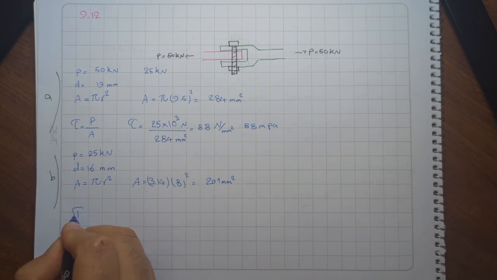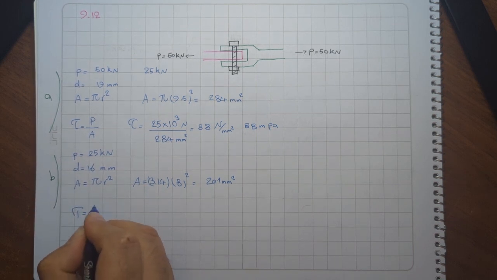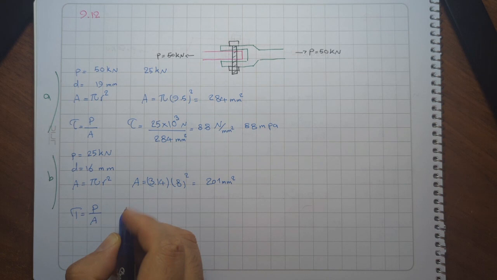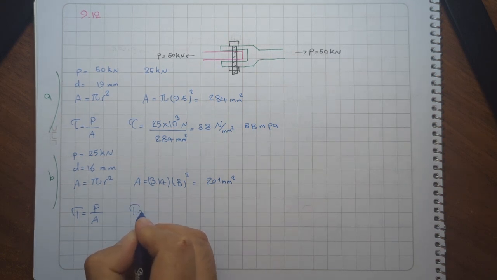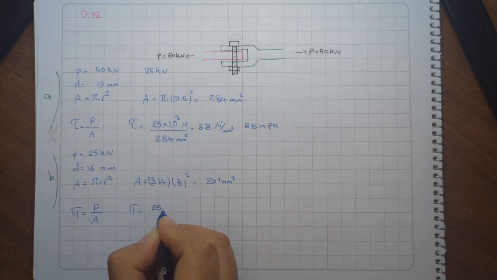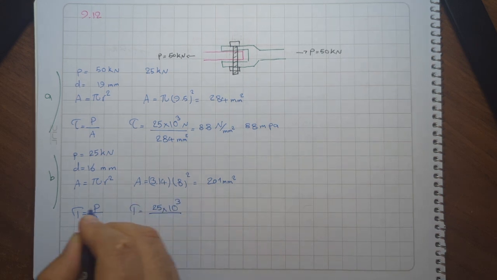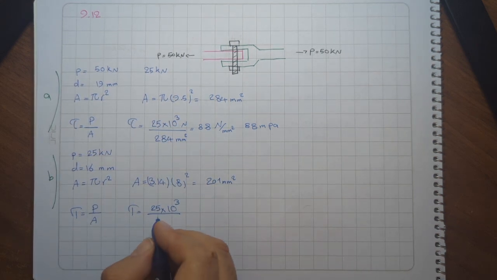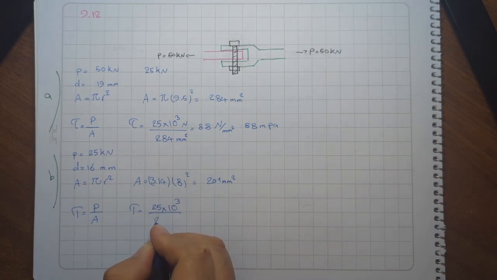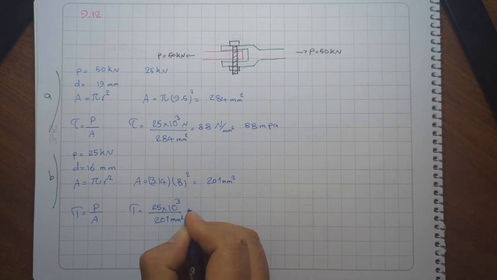Again, tau equals P over A. Tau equals 25 kilonewtons, converted to newtons, over 201 millimeters square.